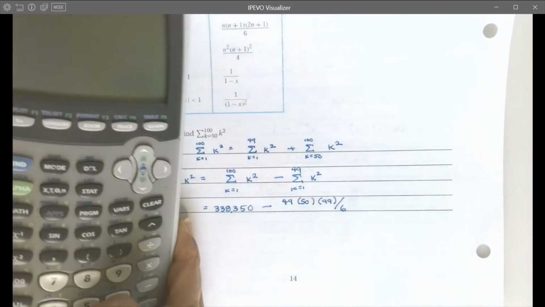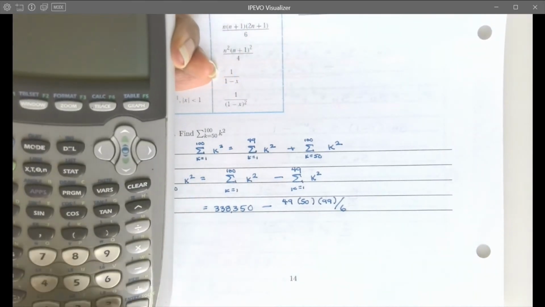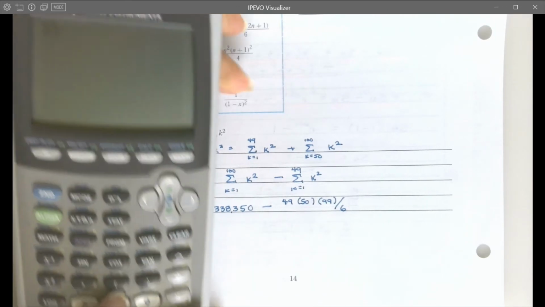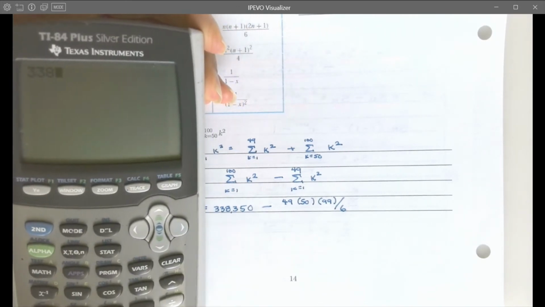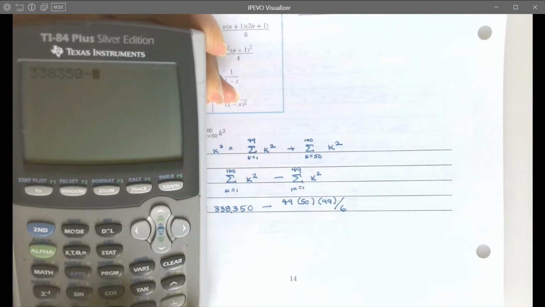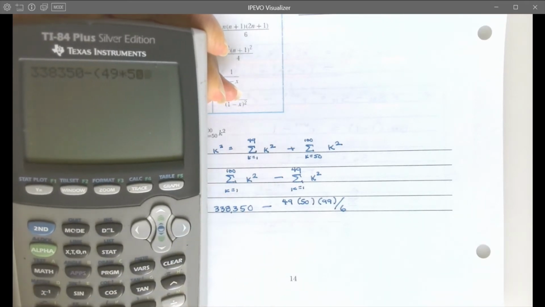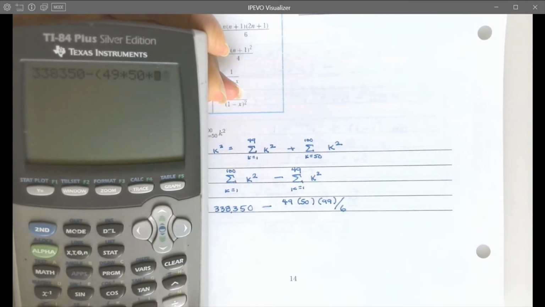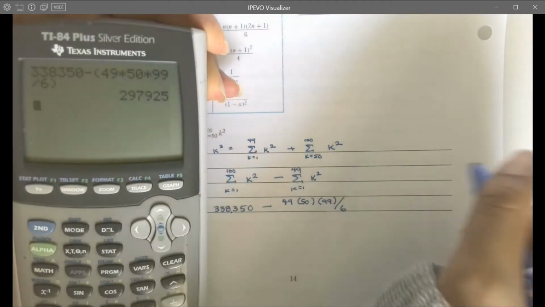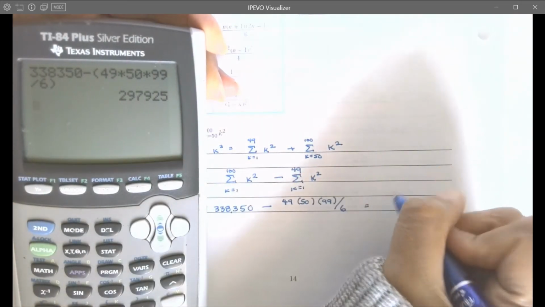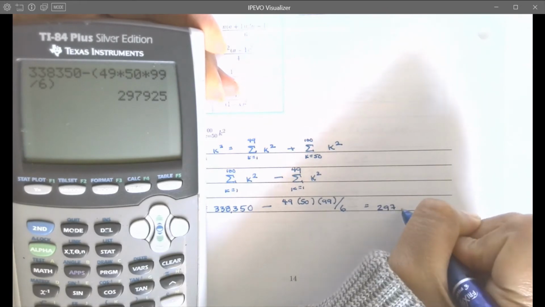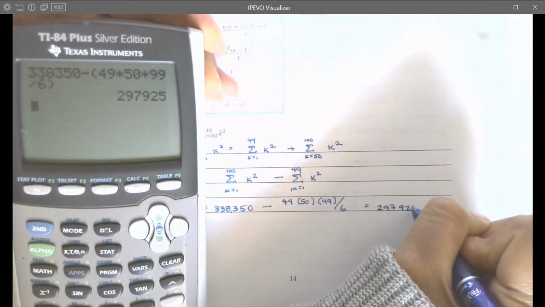We have 338,350 minus 49 times 50 times 99 divided by 6. So we get an answer of 297,925.